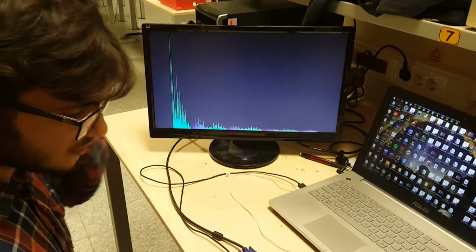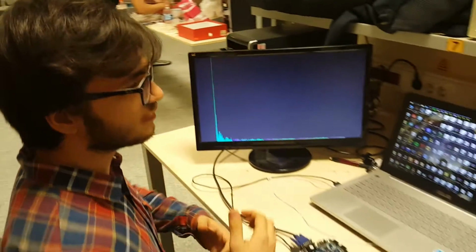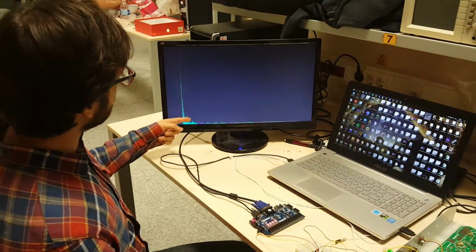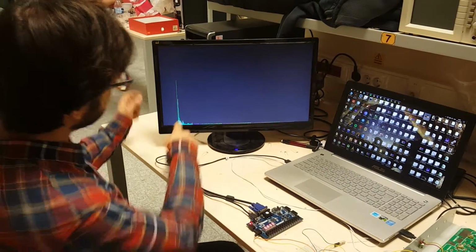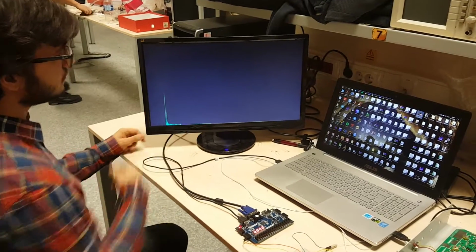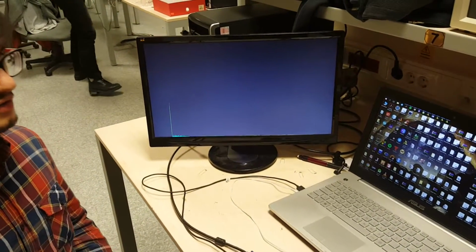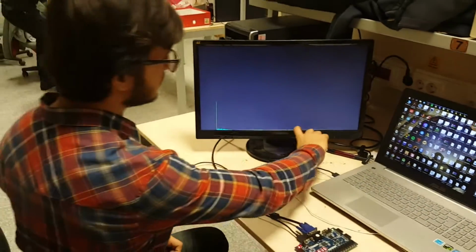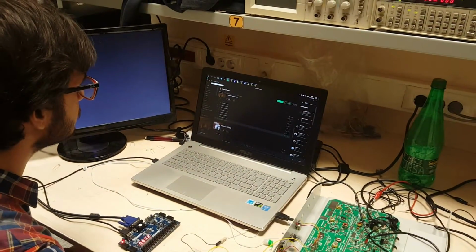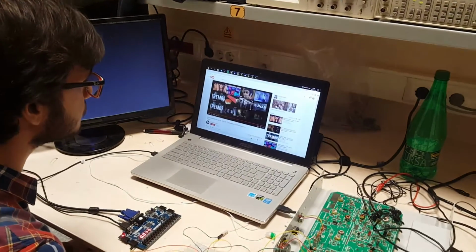So if we have a sound with lower frequency, its graph will be here. But if it has a higher pitch, its graph will be here. So let me just play another music for demonstration purposes.